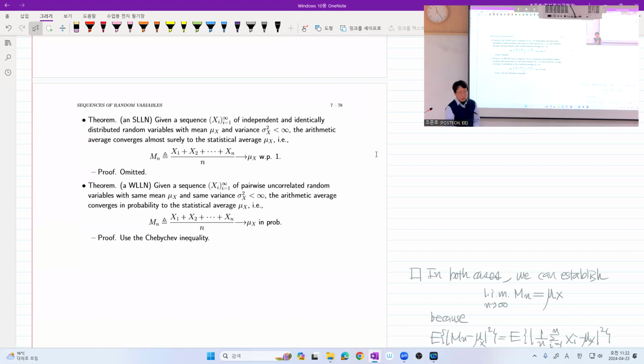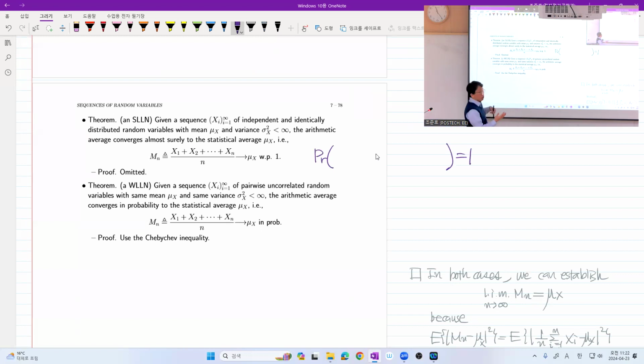The arithmetic mean sequence converges to the mean of the random variables with probability 1, which means almost surely. So by using P, the probability, you have to write in this way.